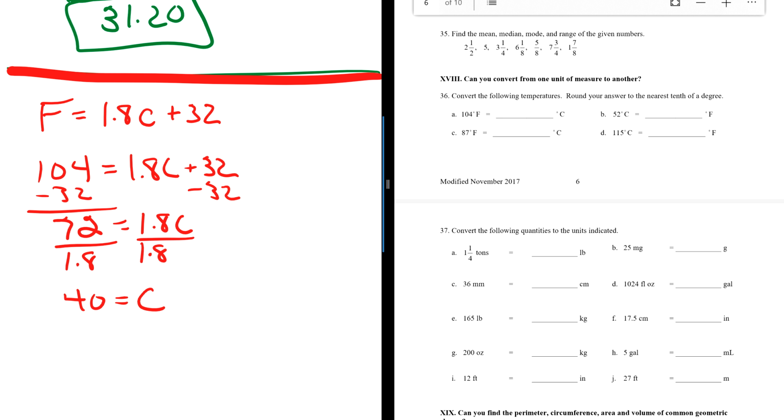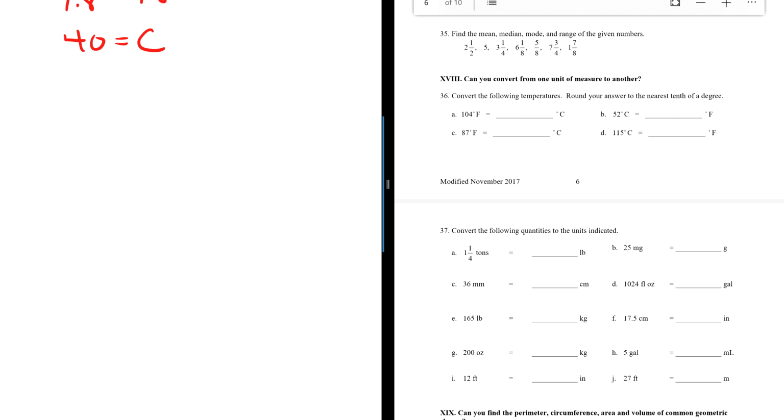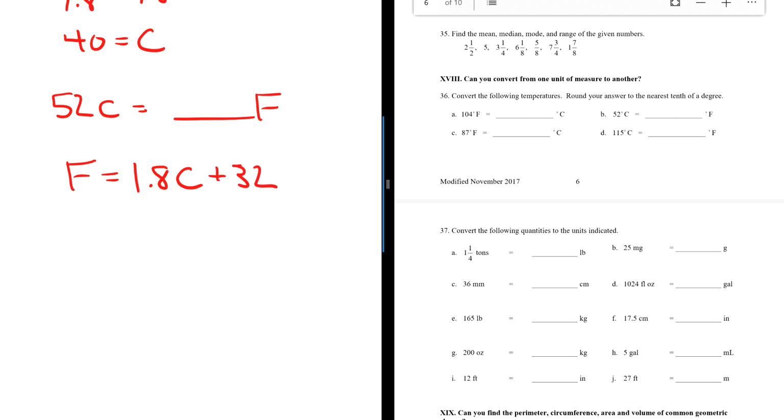Okay? Then I'm going to do the other way, where the problem is 52 degrees Celsius equals how much in Fahrenheit? So that same equation I'm going to use, that Fahrenheit equals 1.8 Celsius plus 32.